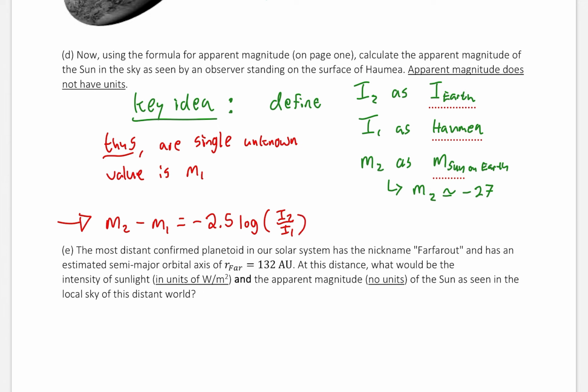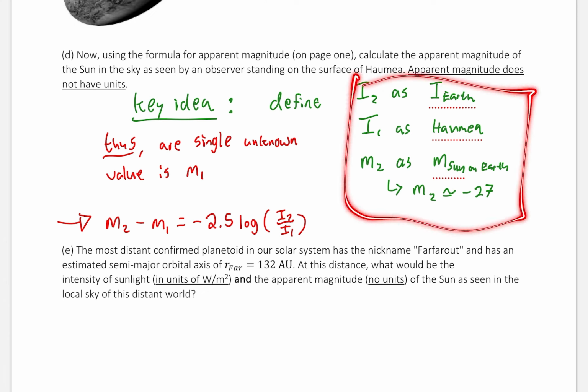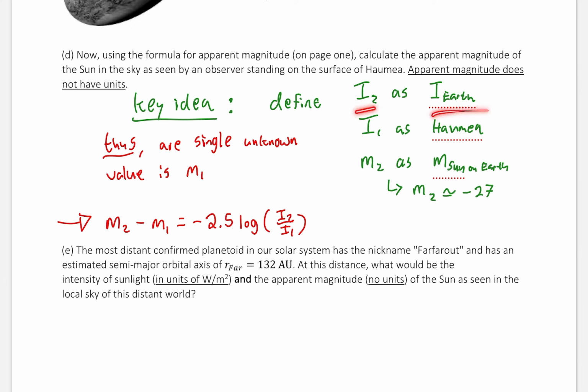Now I could have just as easily written M Haumea minus M Earth equals negative 2.5 times the logarithm of I Haumea divided by I Earth. But I didn't, because it's easier just to write twos and ones, and it's better as a reference, where you know that all twos refer to Earth and all ones refer to Haumea. And as I was saying, the algebra is quite simple because all you need to do is isolate M2.